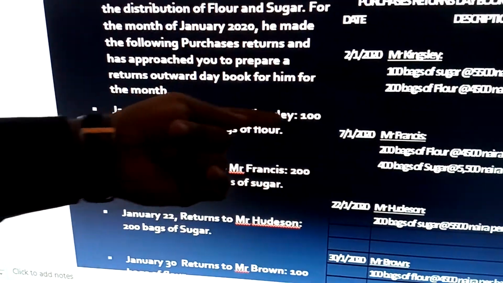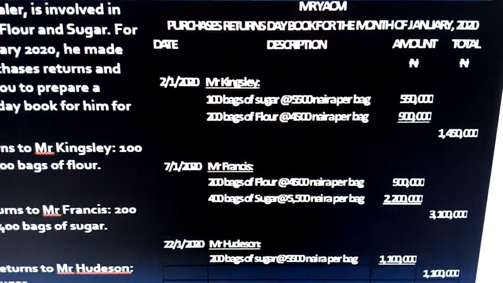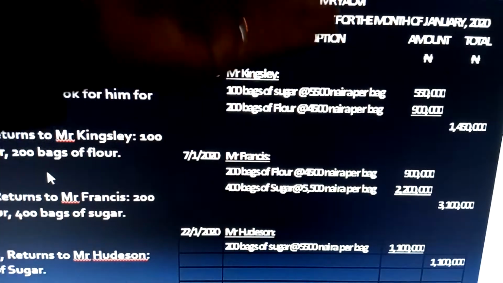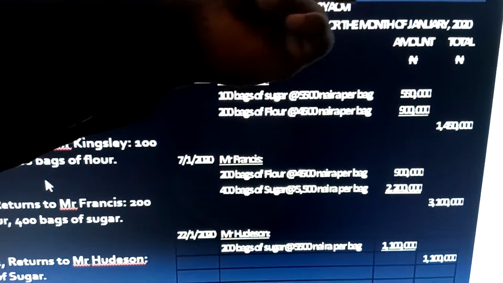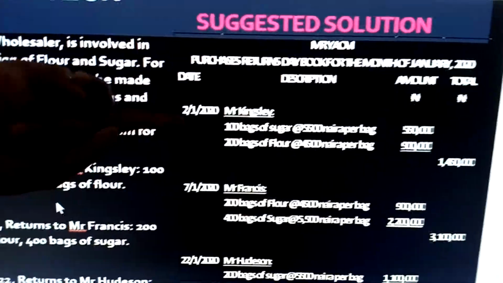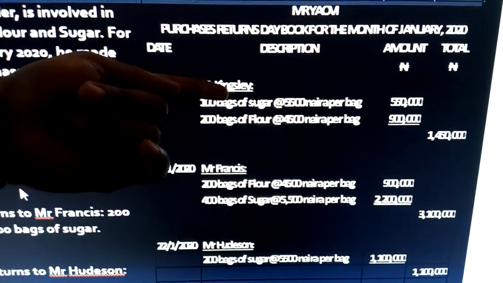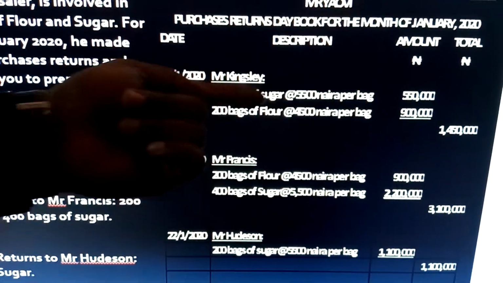Now on January 2nd, he returned to Mr. Kingsley 100 bags of sugar and 200 bags of flour. So let's prepare. We have it prepared in the name of the owner of the business, in the name of the book, and the date. And then we have the first one here, 2nd of January. He returned to who? Mr. Kingsley. 100 bags of sugar.